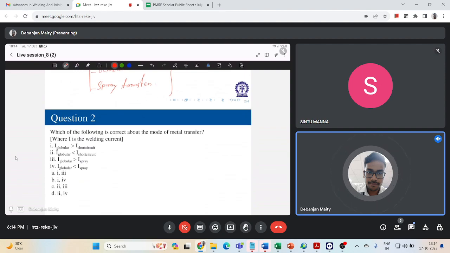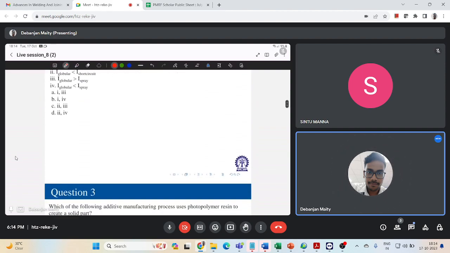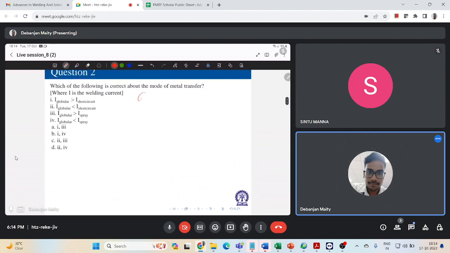What happens during globular transfer? What are some of the characteristics of globular transfer? Here, the welding current is very low, but the arc gap is large.